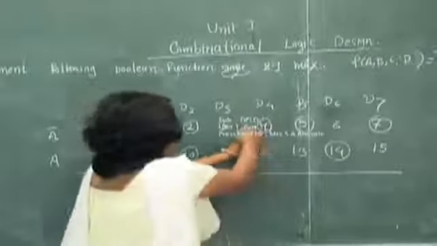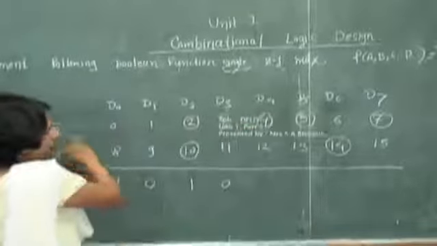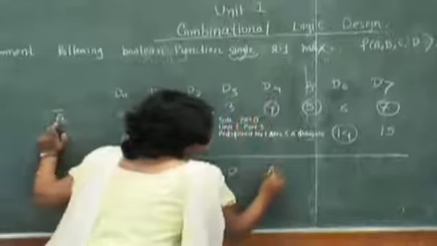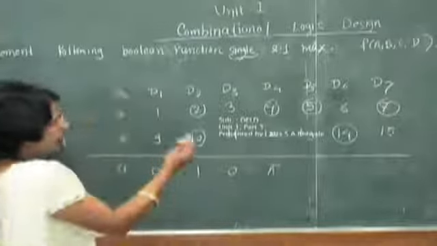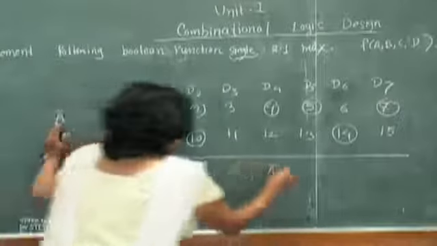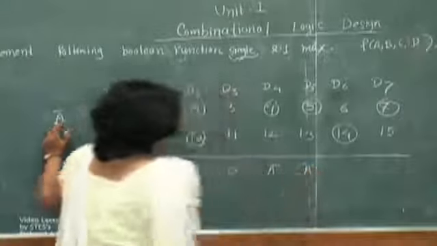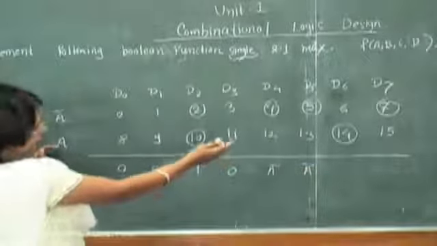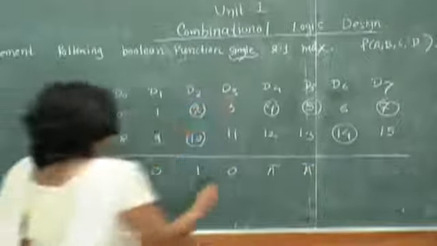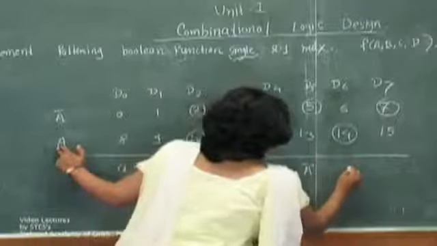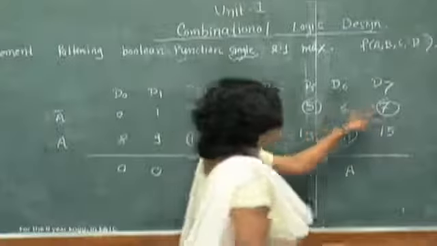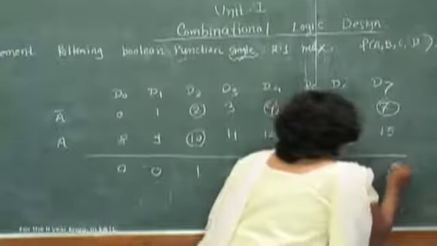So what is there at the 4th line? That is nothing but A bar. So the D4 line should be connected to A bar here. Similarly, the D5 line should be connected to A bar again. If you see D6, the 14th line is there in our equation, so I am going to write A, and for D7, the 7th line, it will become A bar.